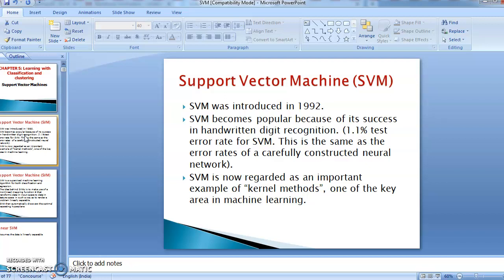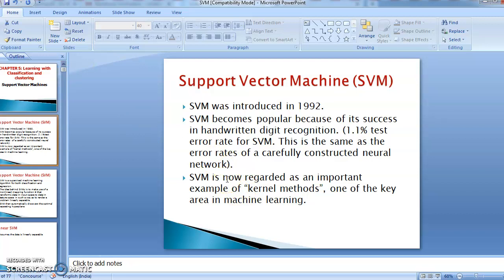SVM is widely used for many applications. If you decide to implement any application using machine learning, then most of the time SVM is selected first, because of its success. The error rate of SVM is very low.